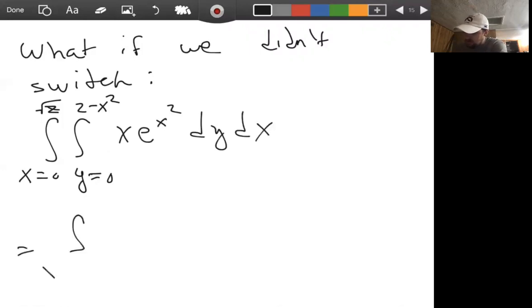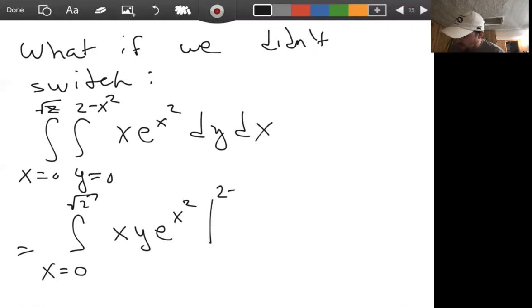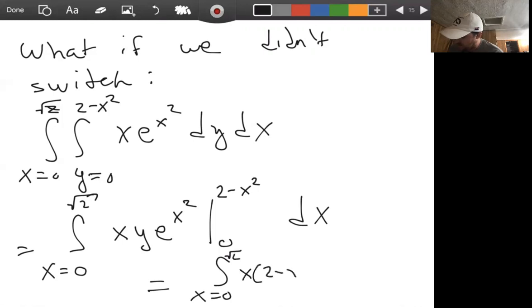Let's integrate this with respect to y. Well, if we integrate this with respect to y, all of that's just constant. And so what we're going to get is x y e to the x squared from 2 minus x squared to 0 dx. Well, this is then the integral from x equals 0 to root 2 of x times 2 minus x squared e to the x squared dx.